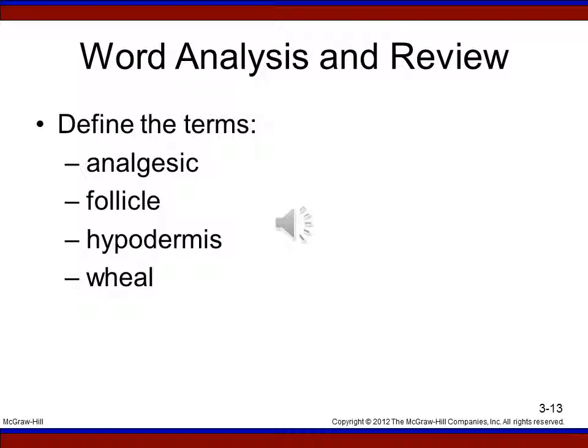The next word, follicle, comes from the Latin meaning small sac. A follicle is a mass of cells containing a cavity or small cul-de-sac, such as a hair follicle. Hypodermis means the tissue layer of skin below the dermis, hence the prefix hypo, below.